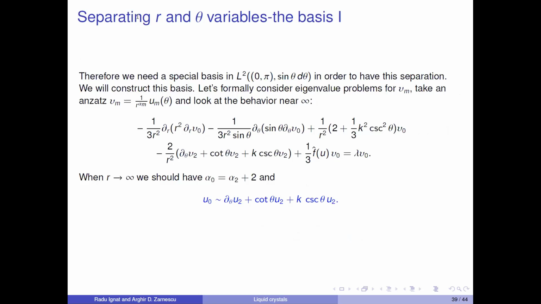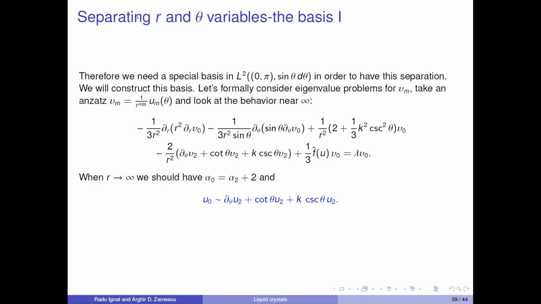Let me just say that in order to decouple things, you need to create a special basis that takes into account that coupling. For that you assume that you have a decoupling at the boundaries of R and theta, because we got rid of the phi variable, and you assume that you have such a decoupling at infinity.